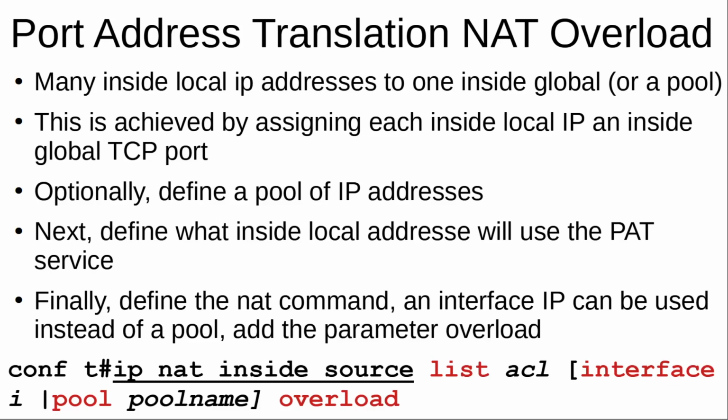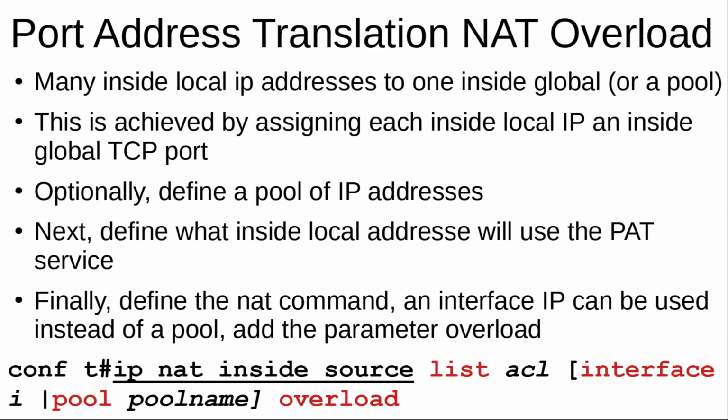So you can also use a pool of inside global addresses to do this. Most ISPs do this. Regularly, ISPs will buy a lot of public IP addresses, and they will put them inside a pool in order to do port address translation.